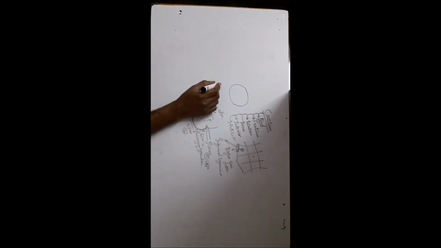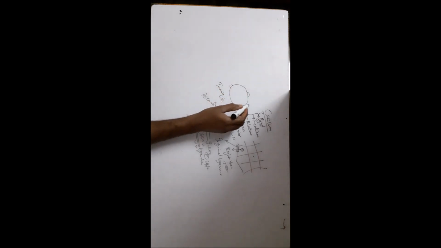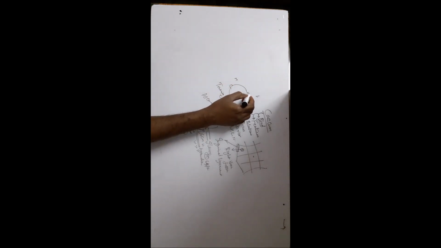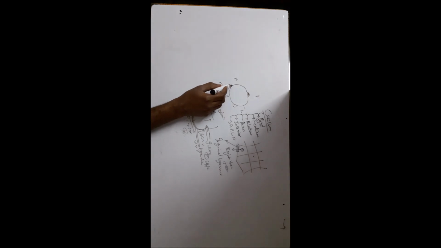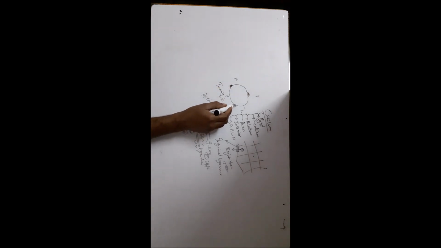So related with this cecum, we have 3 modifications of your longitudinal muscle, that is tinea coli. Based on their position, you can divide them into three: this is anterior tinea coli, this will be posteromedial, and this will be posterolateral.